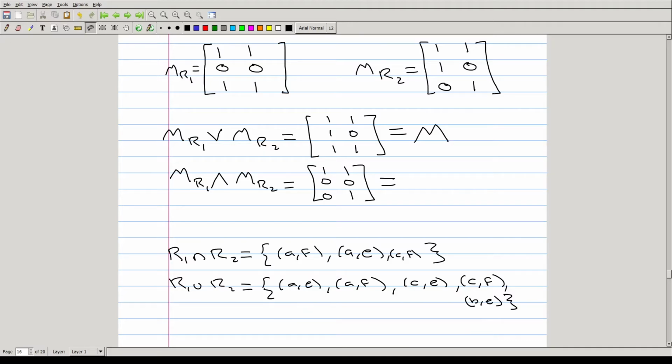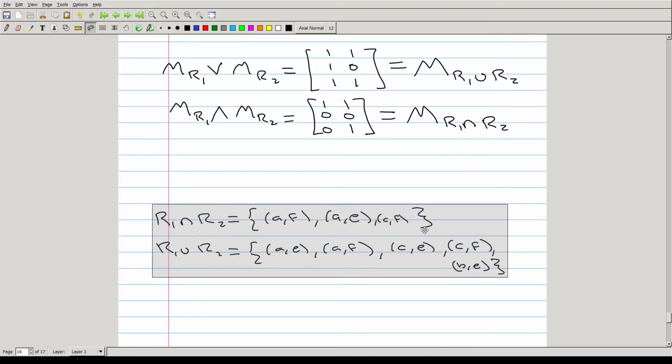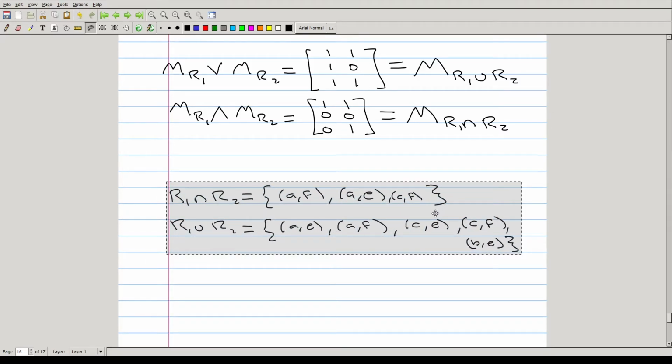and what we expect. So this matrix that we got by calculating the meet of the two matrices representing R1 and R2 is identical to the matrix representing the intersection of these two relations. And likewise, this matrix is the same matrix as representing the union of these two relations. And hopefully you can clearly see now what is meant, right?